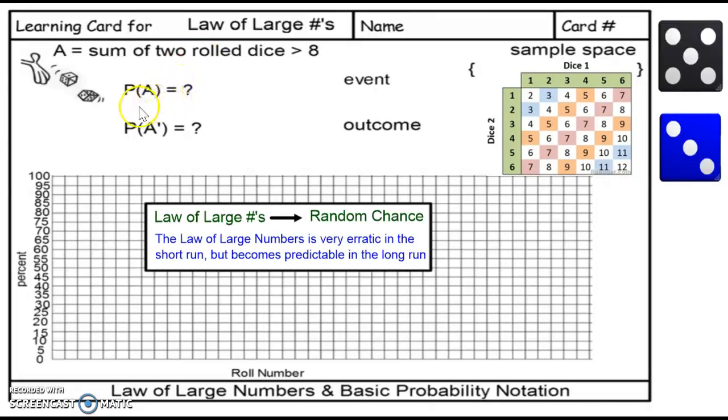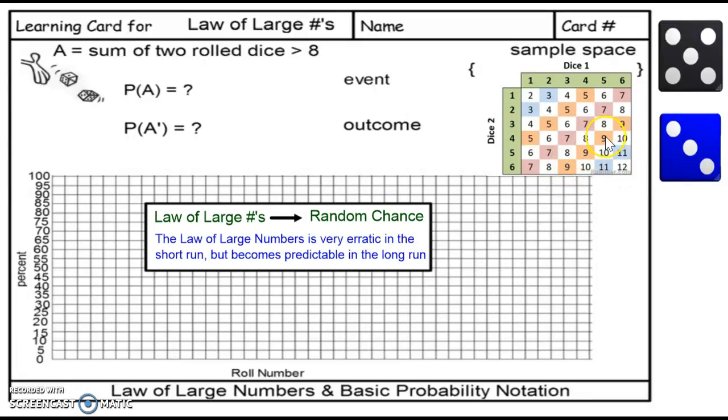So we're going to start off like this, and we're going to look at what is the probability of A. In other words, what is the probability that the sum of two rolled dice is greater than 8? Well, if I look at my sample space over here, I can see that the sum being greater than 8 would be a 9, a 9, a 9, a 9, a 10, a 10, a 10, an 11, or a 12.